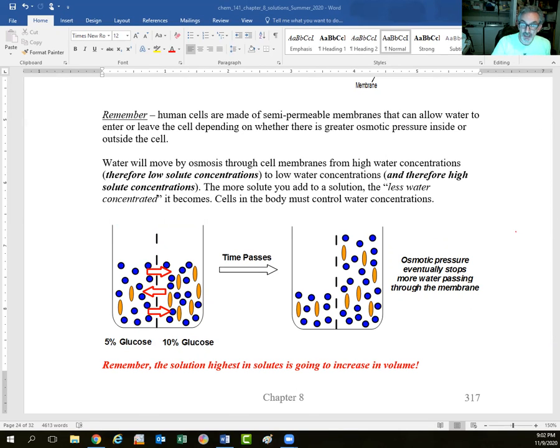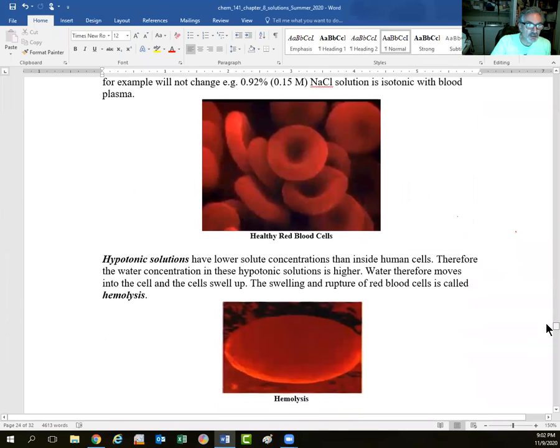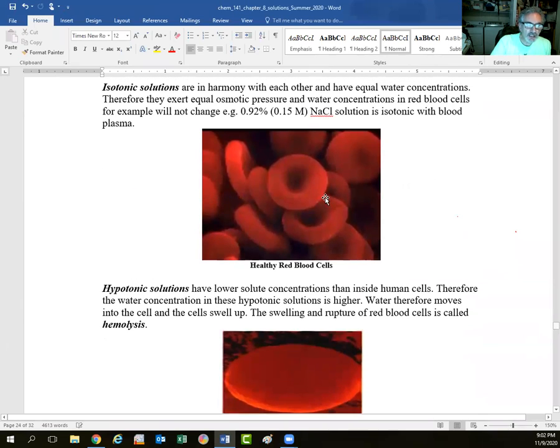Again, as we mentioned, we care about this because our bodies have cells with semi-permeable membranes. If we look at blood plasma and a patient connected up to an intravenous drip, we need the concentration of solutes in that drip to be equal to the concentration of solutes in the blood plasma.